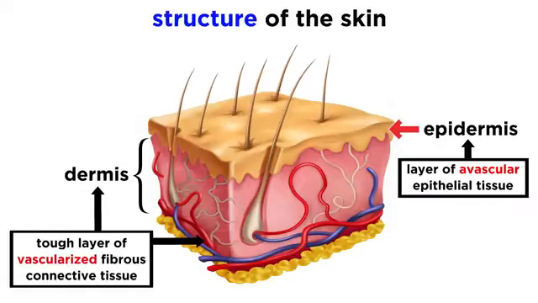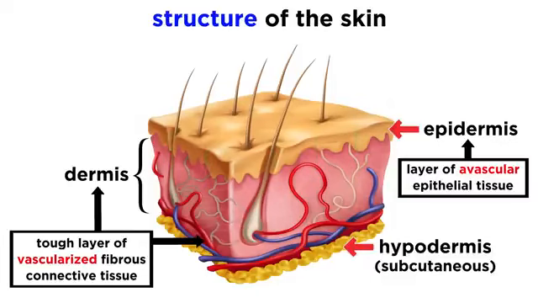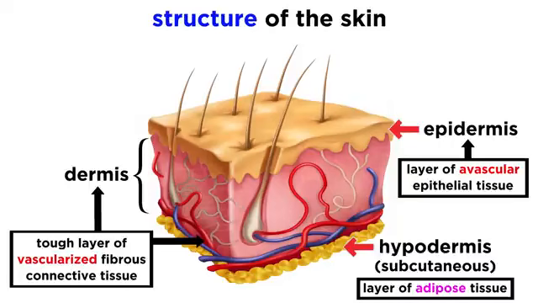The epidermis, which is made of epithelial tissue, is avascular, so it gets nutrients by diffusion through the tissue fluid from the dermis. In addition, below the dermis is the subcutaneous layer, also called the hypodermis. This is made predominantly of adipose tissue, and it anchors the skin to other structures below.